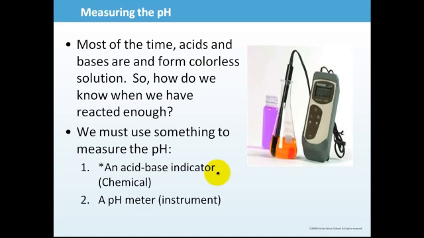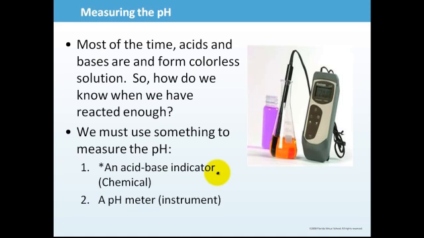So we can use just a drop of phenolphthalein, and when it changes colors depending on if we started with an acid or a base, if it goes clear to pink or pink back to clear, whichever direction we're going, that tells us we've reached the end point and we stop adding the titrant.